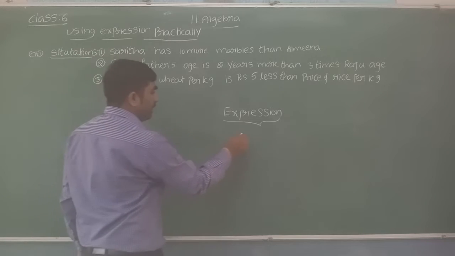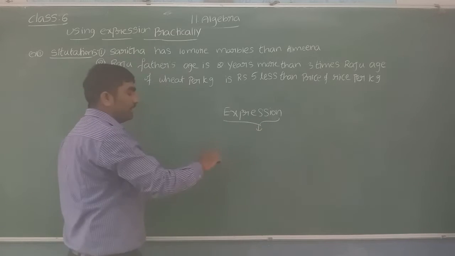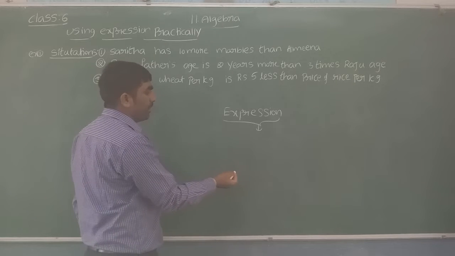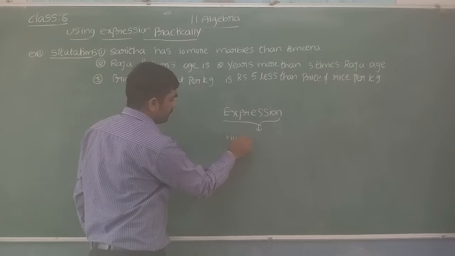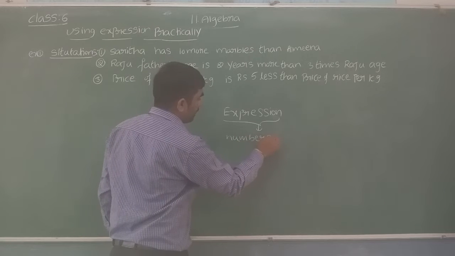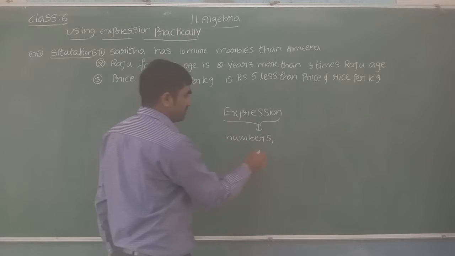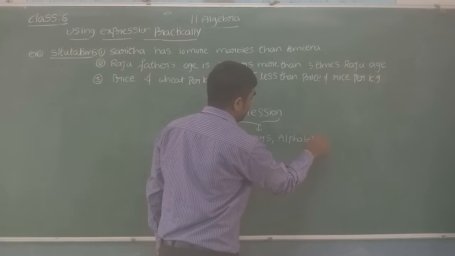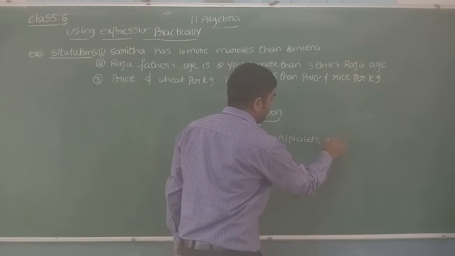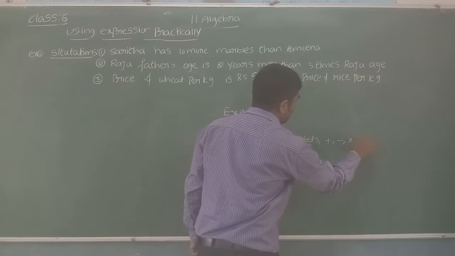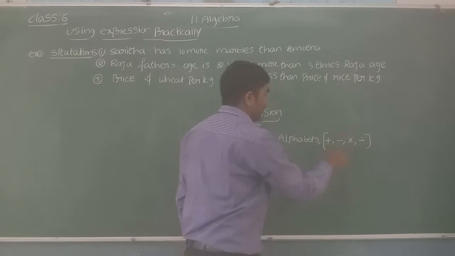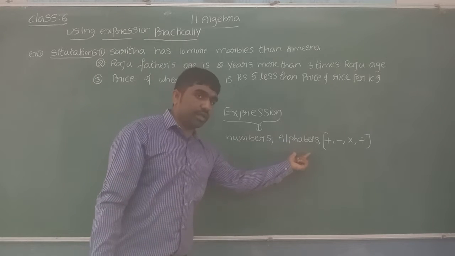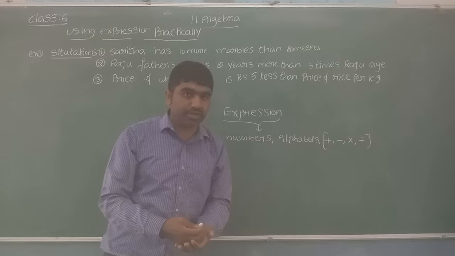Expression is made up of numbers, I mean constants, and also alphabets, variables, and four fundamental operations plus, minus, into, division. Yes, an expression is made up of constants, variables, and four fundamental operations.